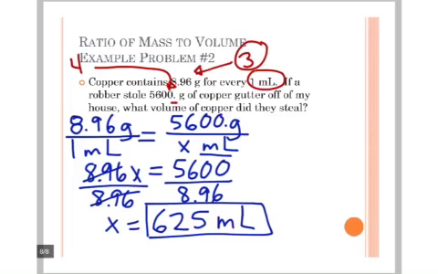Second thing I want to point out is that when I say 8.96 grams for every 1 milliliter, you will sometimes see problems that don't write out that whole phrase. In other words, the density will just be written as 8.96 grams divided by milliliters. That's the same thing. You can use that density in the problem the same way I did in these examples.